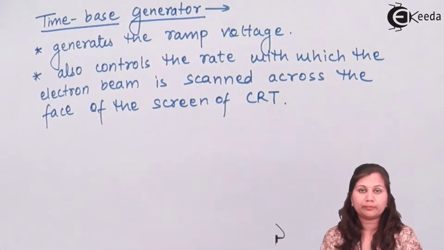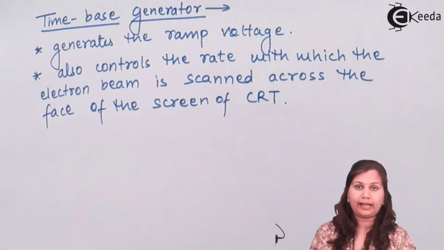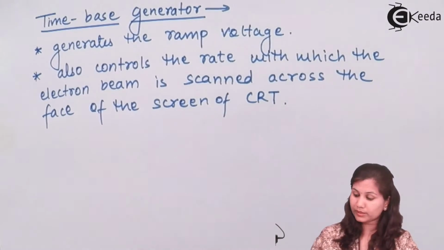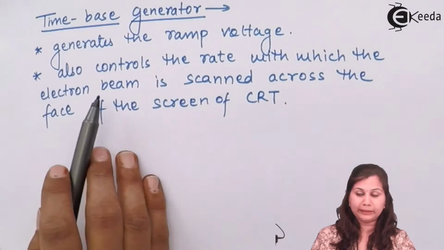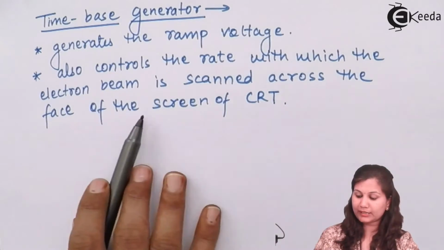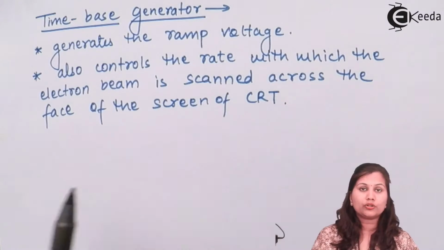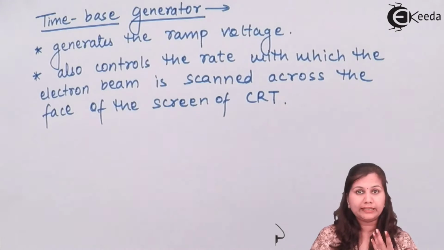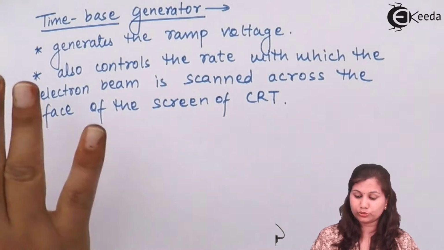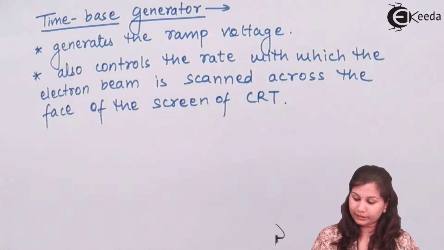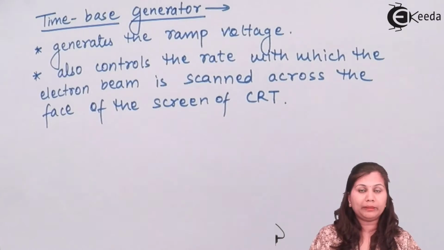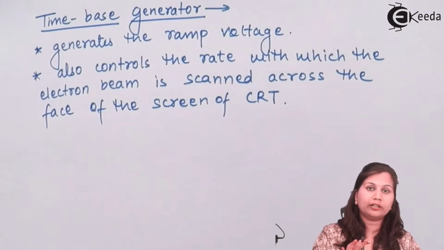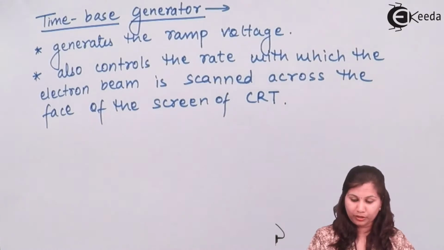So this time-based generator not only generates the ramp voltage, but it also controls the rate with which the electron beam is scanned across the face of the screen of CRT. So the intensity is also controlled through this time-based generator, that is how the electron beam is going to strike the phosphor screen.